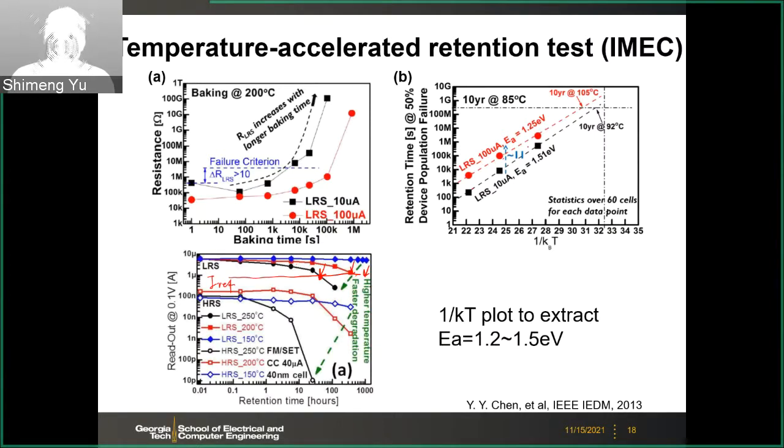So you have three temperatures, 250, 200, and 150, and then you do extrapolation using the 1/kT. And again, this is in electron volts, so you have to convert that to the electron volt unit. And then you do that extrapolation. You see that it can sustain more than 10 years at 85 degrees C. And the slope is the activation energy. It's about 1.2 to 1.5 electron volts.